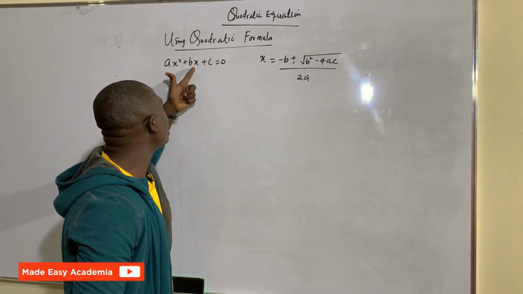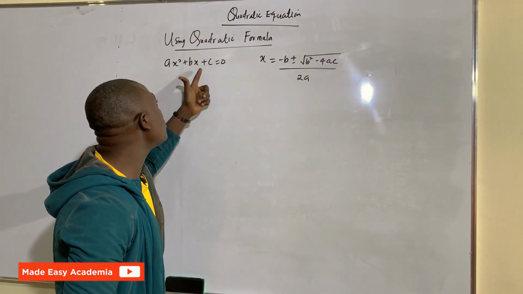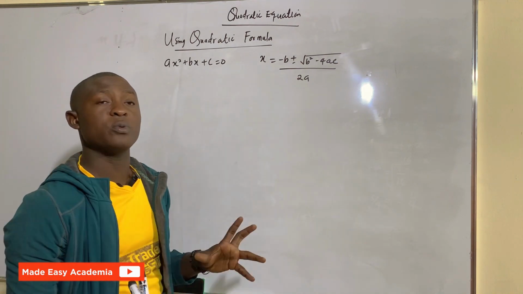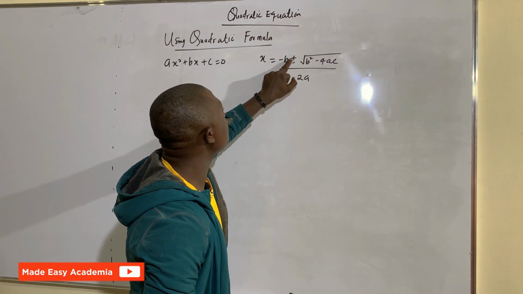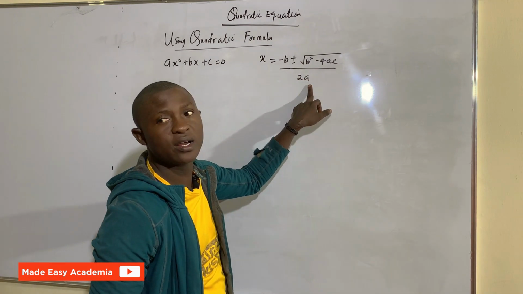Any value we have beside our x is going to be our b, while the one that doesn't have any coefficient is going to be our c. If you are solving any problem, to apply this formula, you can see the formula we have: minus b plus or minus square root of b square minus 4ac over 2a.